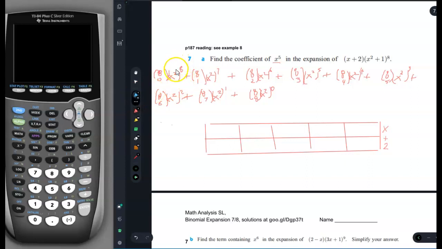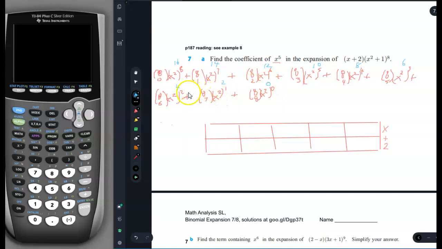For example, the two times 8 is 16. X to the 16th, x to the 14th, x to the 12th. These are too big. They're never going to be x to the 5th, right? 10th, 8th, 6th. These are too big. Oh, now we're getting somewhere. So this is the 4th, this is the 2nd, and this is the 0th.